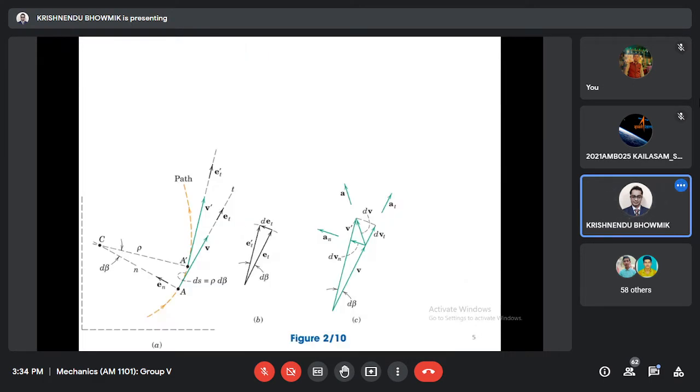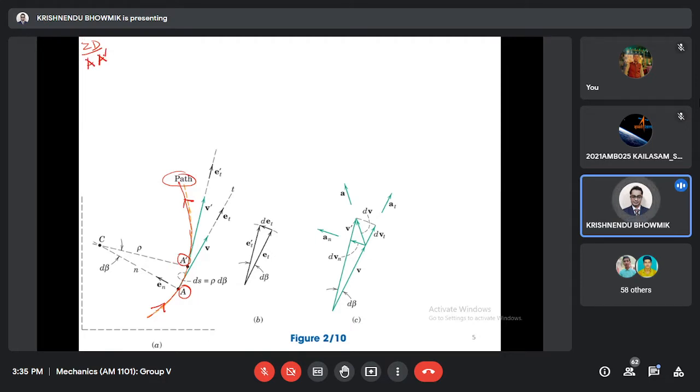Now maybe we'll consider once again the path of the particle like this, and it is moving from bottom to top, upward directions, and this is a 2D problem, simple problem. And you consider any two points A and A prime.